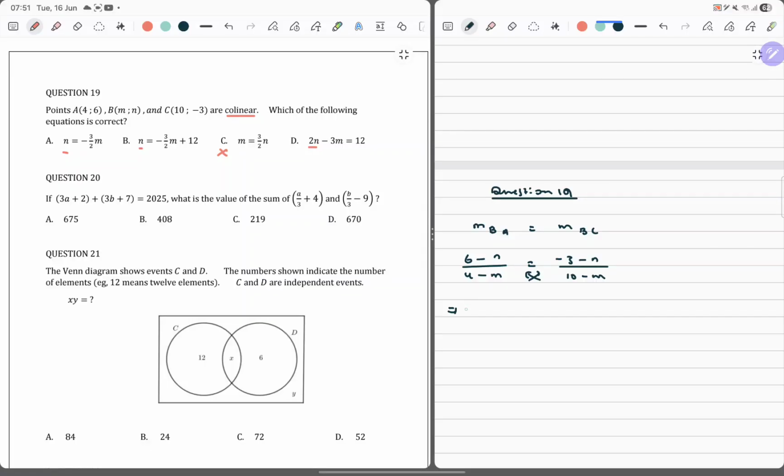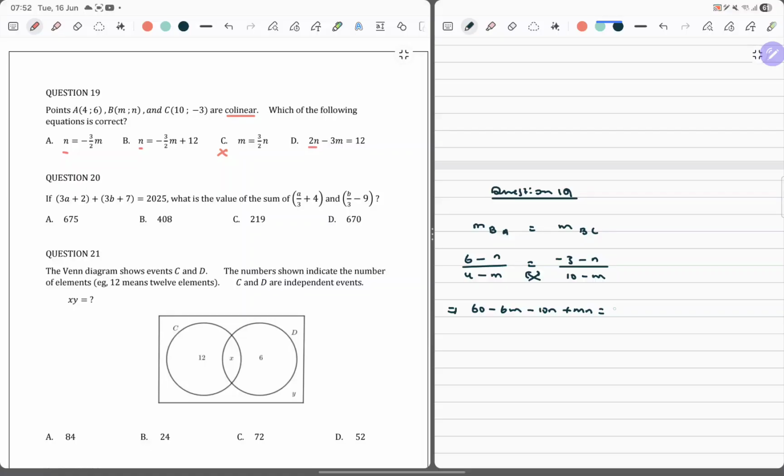So what do we see? 6 times 10 is going to be 60 minus, there are no squares here, guys. Yeah, 6 times this is 10, then minus 6m, then minus 10n, plus mn.